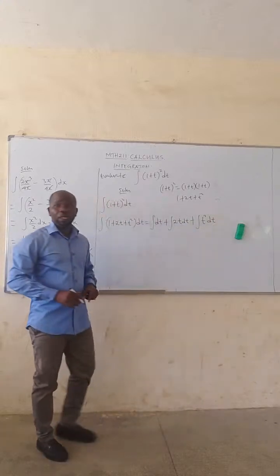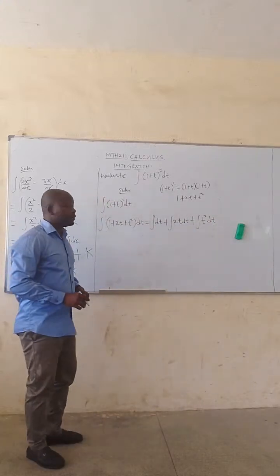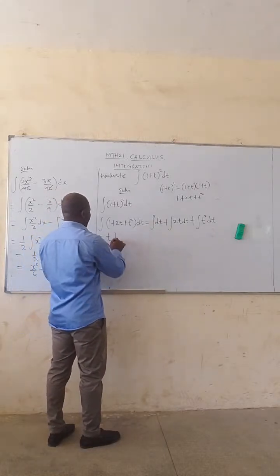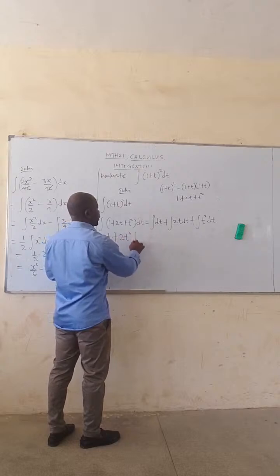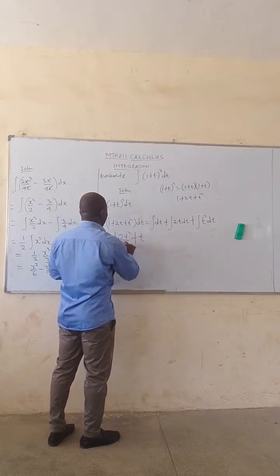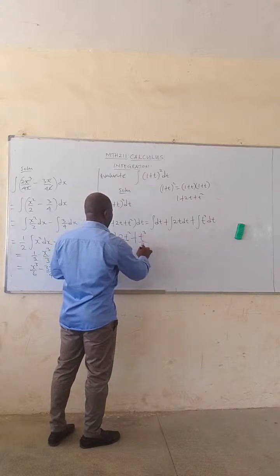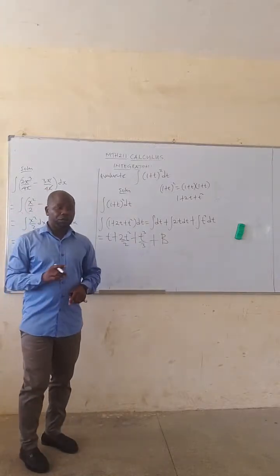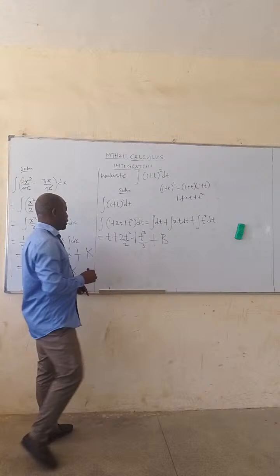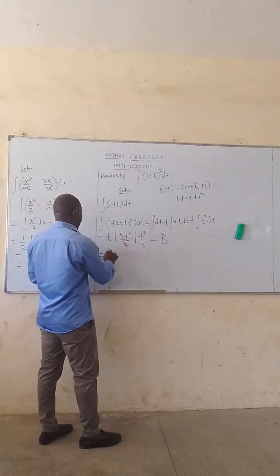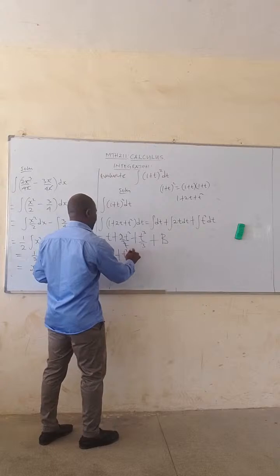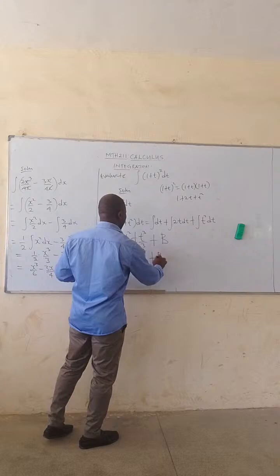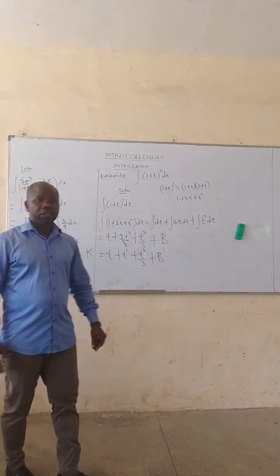Integrating this, we are going to have t plus 2t squared over 2, plus t cubed all over 3, plus a constant. So this is t plus t squared plus t raised to the power of 3 all over 3 plus a constant. This is the answer.